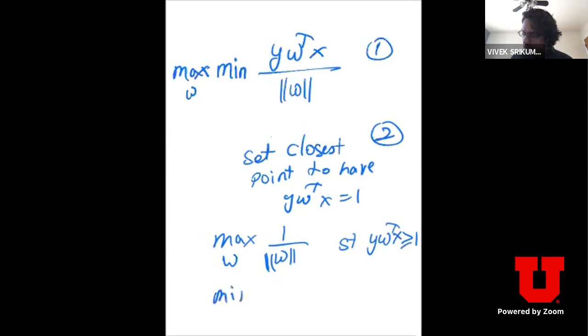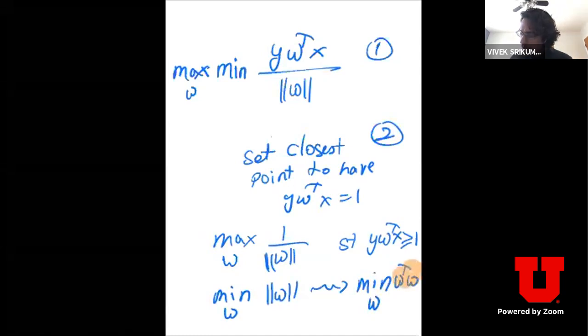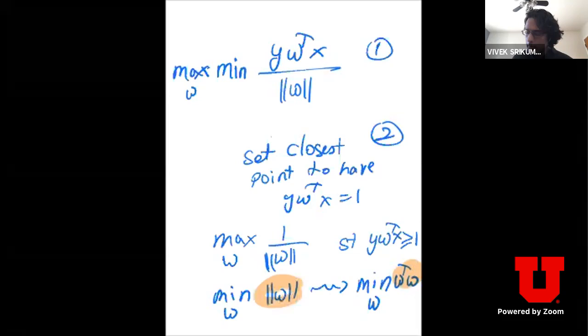That's exactly the same as minimizing over W the norm of W under that condition, or equivalently minimizing over W, W transpose W. So minimizing W transpose W is the same as minimizing the norm of W, which is the same as maximizing 1 over the norm of W, all of these under this condition. If this condition is true, then the minimum thing would have a 1 in the numerator there. I'm essentially unrolling the steps that we did in the previous lecture.